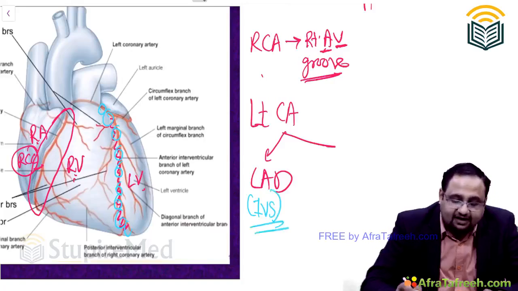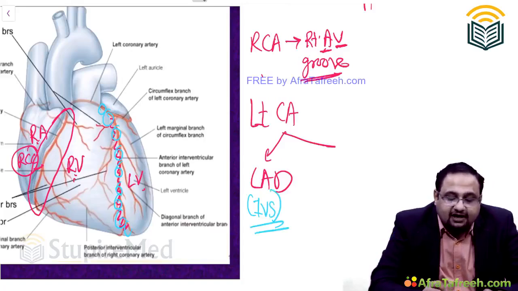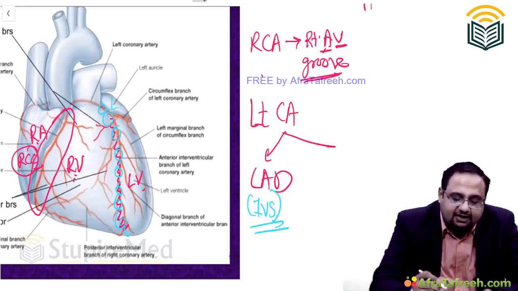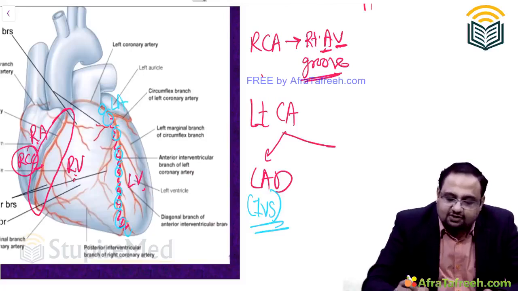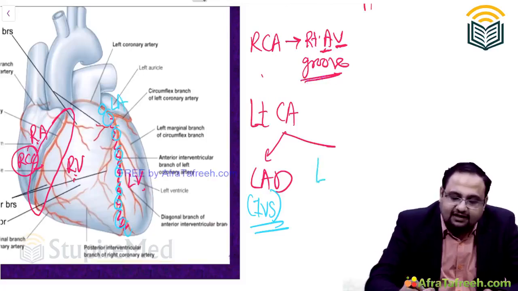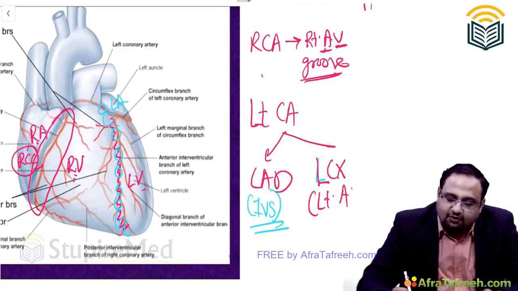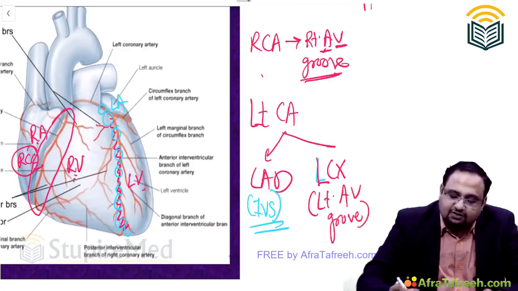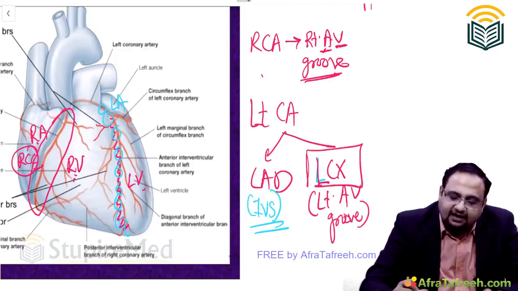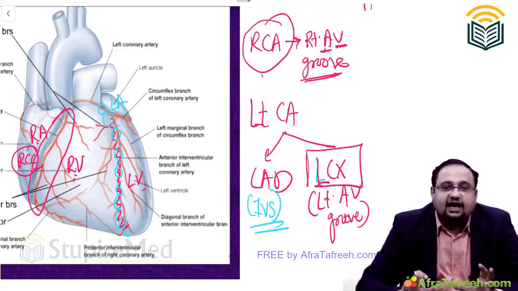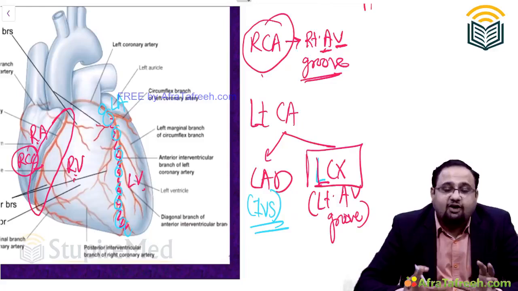The other artery runs parallel, like the right AV groove, in a similar left AV groove, between the left atrium and left ventricle. This is the left circumflex artery. The left circumflex artery and the right coronary artery are almost equivalents on either side of the heart.